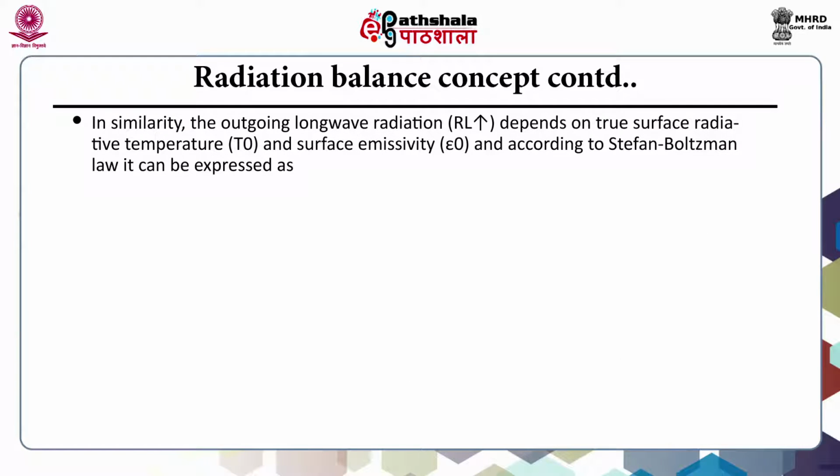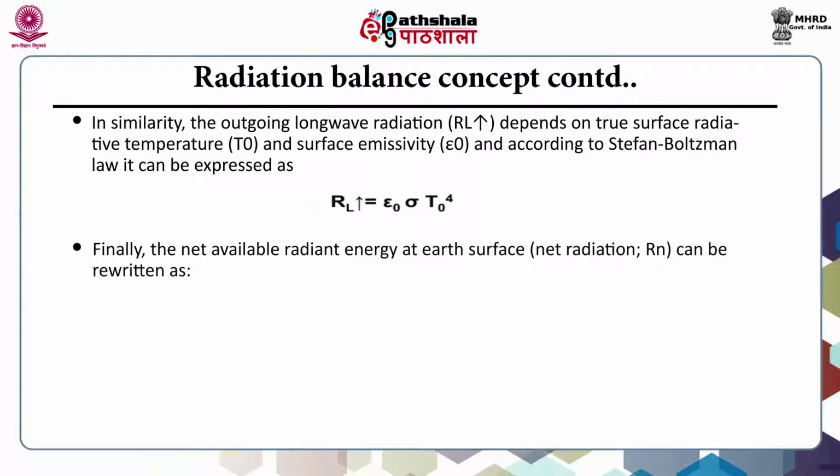Similarly, the outgoing long wave radiation, RL up arrow, depends on the true surface radiative temperature T0 and surface emissivity epsilon 0, and according to the Stefan Boltzmann law, it is expressed as RL up arrow equal to epsilon 0 sigma T0 to the power 4.